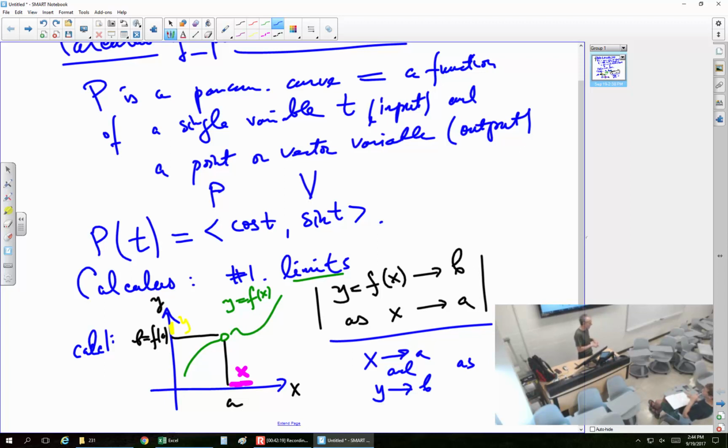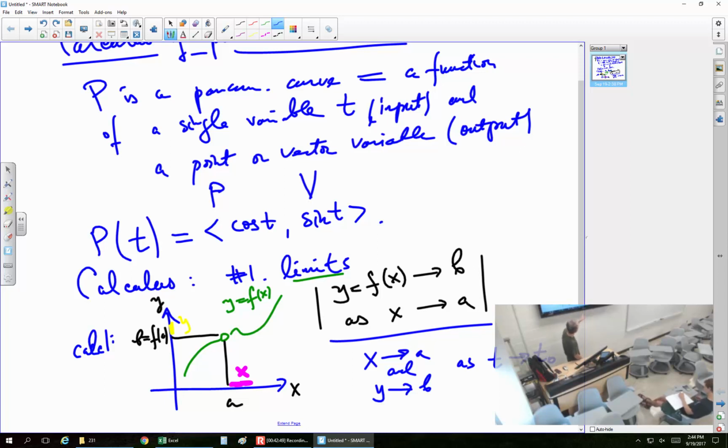It is the independent variable that forces this, just like in Calculus 1, where we set x to a and that made y go to b. We are in a similar place here, except the independent variable is t. We're controlling t, and we set it to some value t naught, which is, by the way, invisible on this picture because that's the third variable in the third dimension.